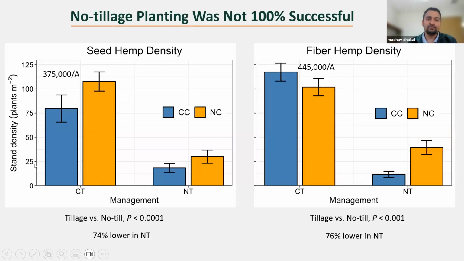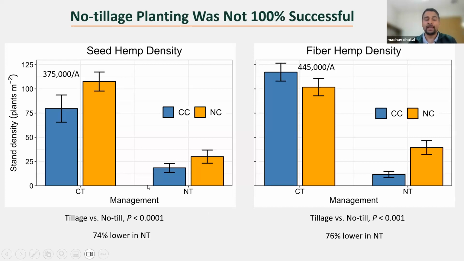Looking at the conventional tillage side over here, under both cover crop and no cover crop, the stand density is fine, between 75 or 80 to 110 or 115 plants per square meter, which is about 375,000 plants per acre for seed hemp density.